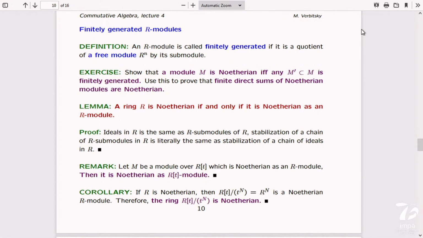And the main idea how one proves Noetherianity is just using these quotients and submodules and essentially working with modules instead of rings and ideals.